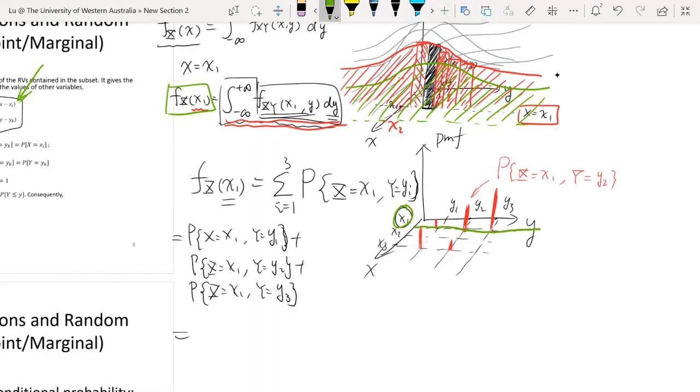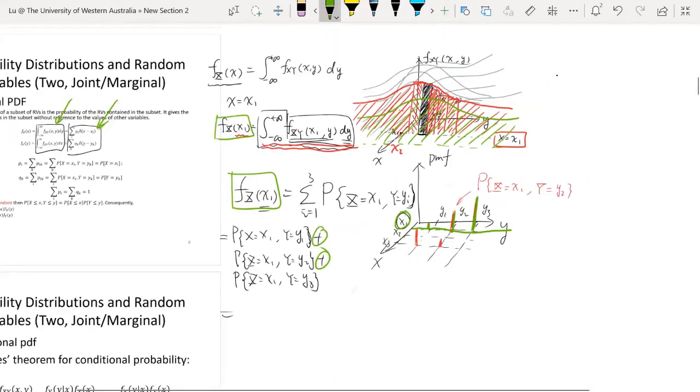In this example, there are 3 impulses at x1, y1, x1, y2, and x1, y3. We just need to add up all 3 impulses. The summation of them is the marginal PMF at the x1 point. Of course, if you change to x2, x3, you can repeat the same procedure to derive the corresponding values. After you evaluate all the possible x values, you finish the evaluation of the marginal PMF of x.